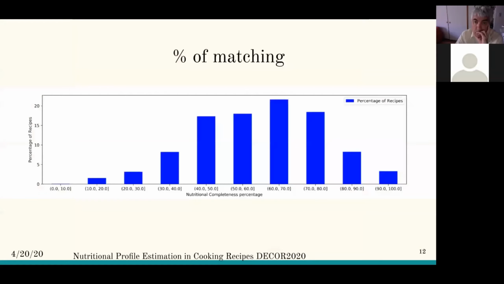Right. So this graph gives us an idea of what the percentage of mapping of our recipes is.